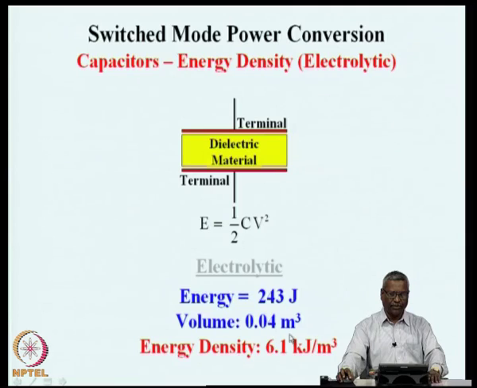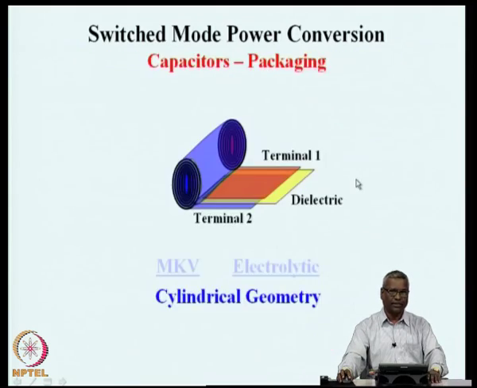Electrolytic capacitors typically may have about 10 kilojoule per meter cube, and bipolar capacitors will have about 1 kilojoule per meter cube, and theoretically possible energy densities are much higher than that, easily 1000 times higher than this.